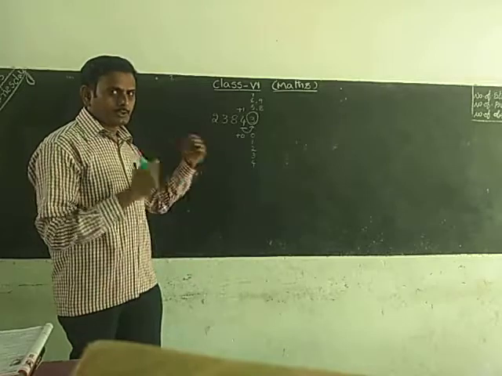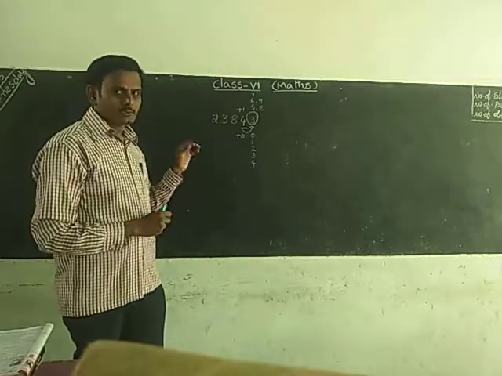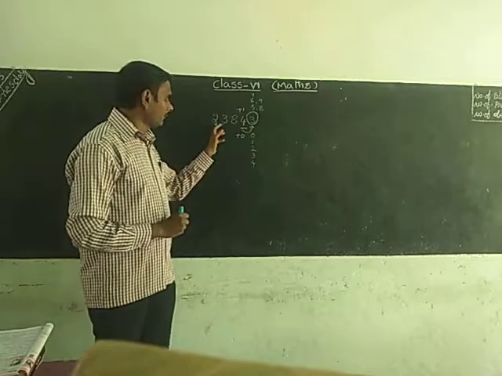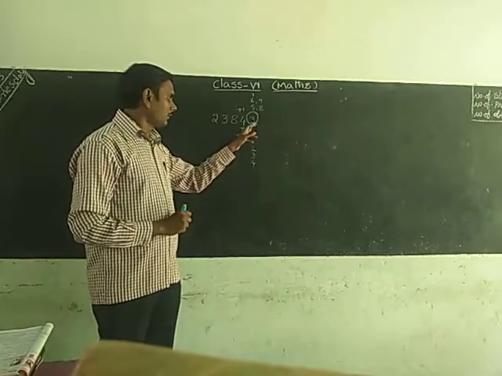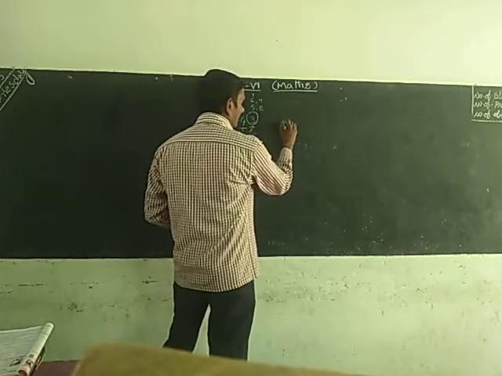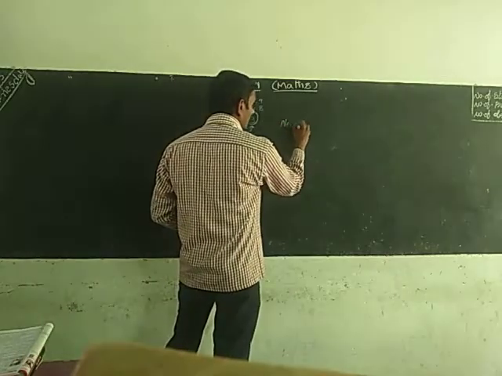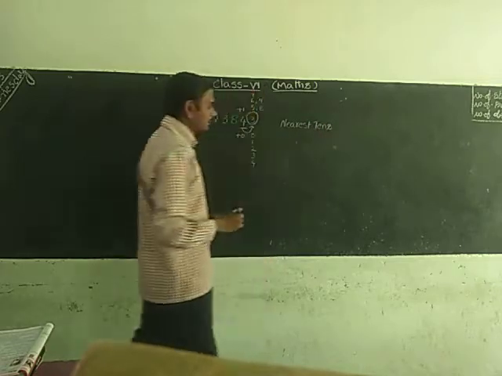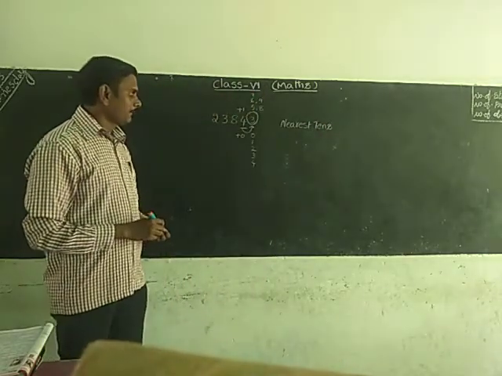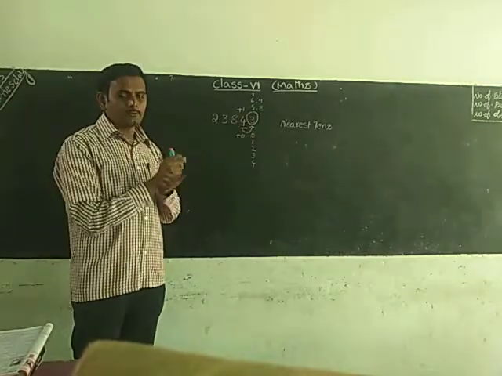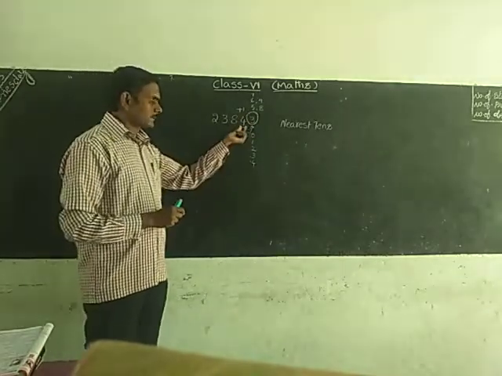Once again I am repeating this. According to the concept, how do we round a number? Whenever a number is given to you and I want to find the nearest tens, then we have to identify the tens place.